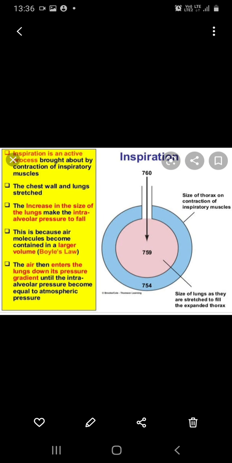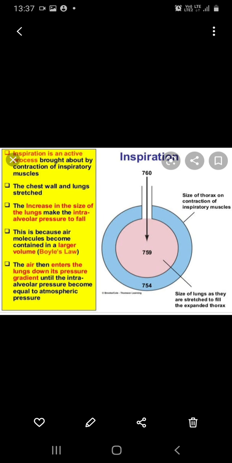Air is a mixture of gases, primarily nitrogen, oxygen, water vapor, and carbon dioxide. Nitrogen is about 79%, oxygen is about 21%, water vapor 0.5%, and carbon dioxide 0.04%.